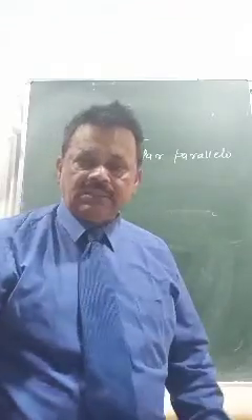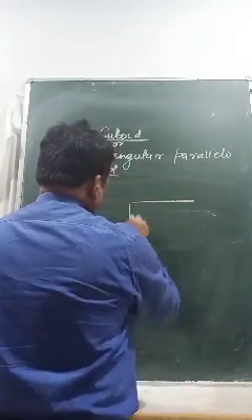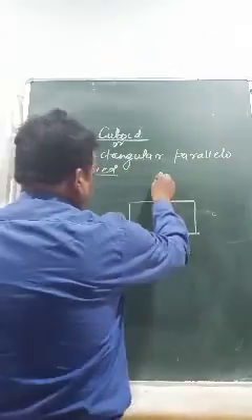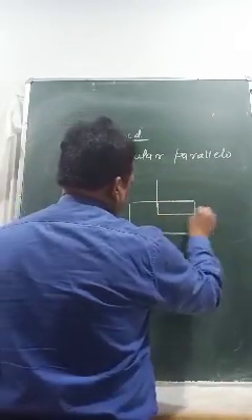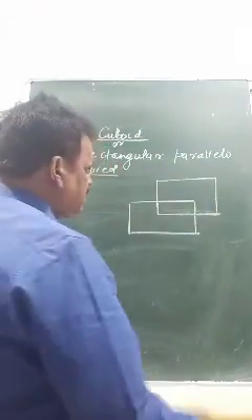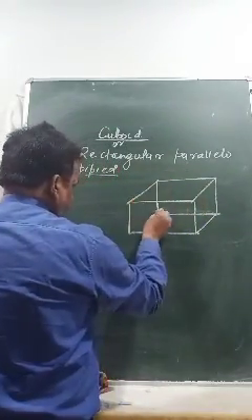Okay, how is this? This is like this. This is a rectangle, another rectangle. 2 rectangles, one side, 2 sides, 3 sides, 4 sides.